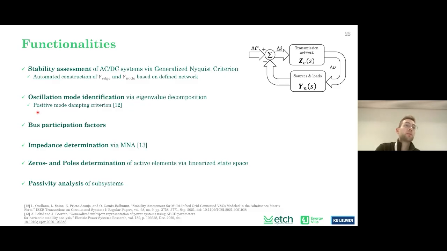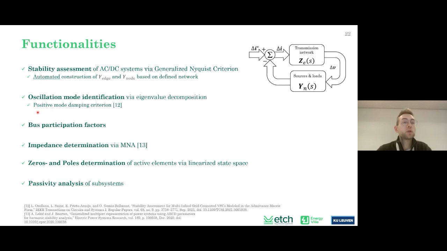And we use the positive mode damping criterion in order to assess which of those modes, those peaks, are unstable. Then the tool can do a bus participation factor analysis, to pinpoint where we see the oscillation mode in the system. Then the tool can also do impedance determination from an arbitrary bus in the system via modified nodal analysis. And then the tool can also determine the zeros and poles of the active elements via the linearized state space. And the code can also do a passivity analysis of your systems.